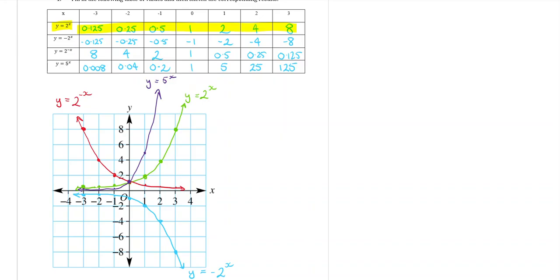Now the other thing you'll notice is that no matter what I did to those graphs, none of them went through the x-axis. They all kind of got really, really close to it at some point, but never touch it. Now there is a special name for a line that a graph approaches and never touches. It is called an asymptote.